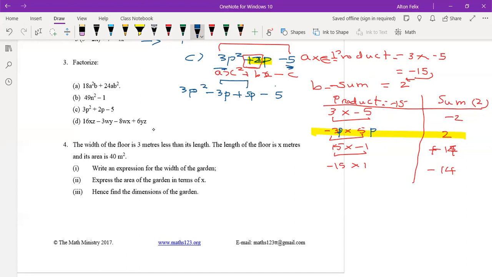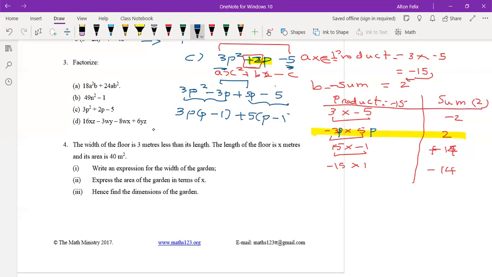And then, of course, you go by factorization by grouping. You take each pair and factorize. Factorizing the first pair, you get 3p into p minus 1, which gives us 3p squared minus 3p. And let's take out the 5 here into p minus 1.